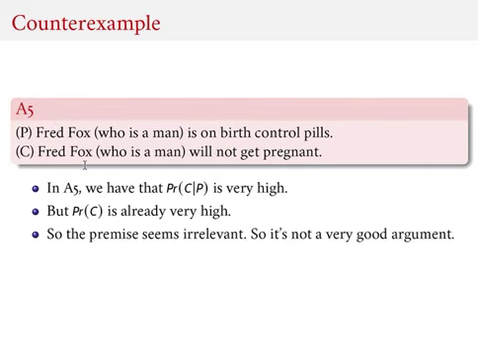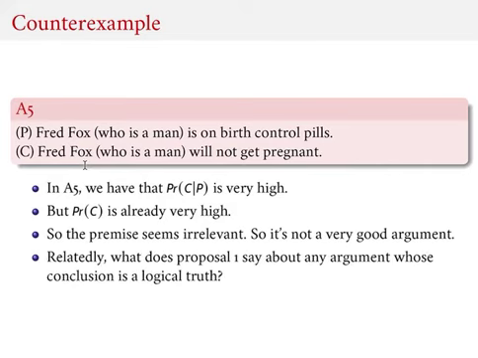The moral is that the premise seems irrelevant to the high probability of the conclusion. So it doesn't seem like a very good argument. Now, relatedly, to generate some more counterexamples to the proposal, you can take any argument and, regardless of what the premise is, make the conclusion a logical truth. So for instance, it will either rain or it won't rain.